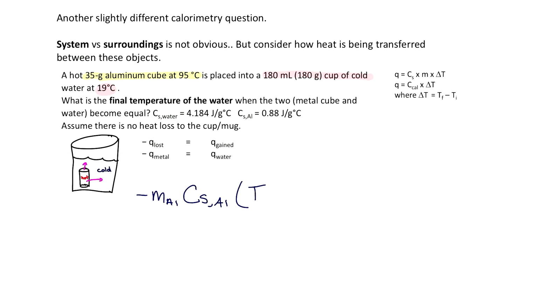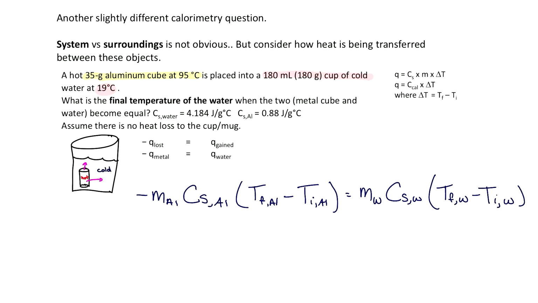So I'm just going to say final temperature of the aluminum minus initial temperature of the aluminum. That is the Q of your metal, the heat lost by your metal. And then we do the same thing for water: the mass of the water, the specific heat of the water, and then the temperature change of the water, so T final of the water minus T initial of the water.